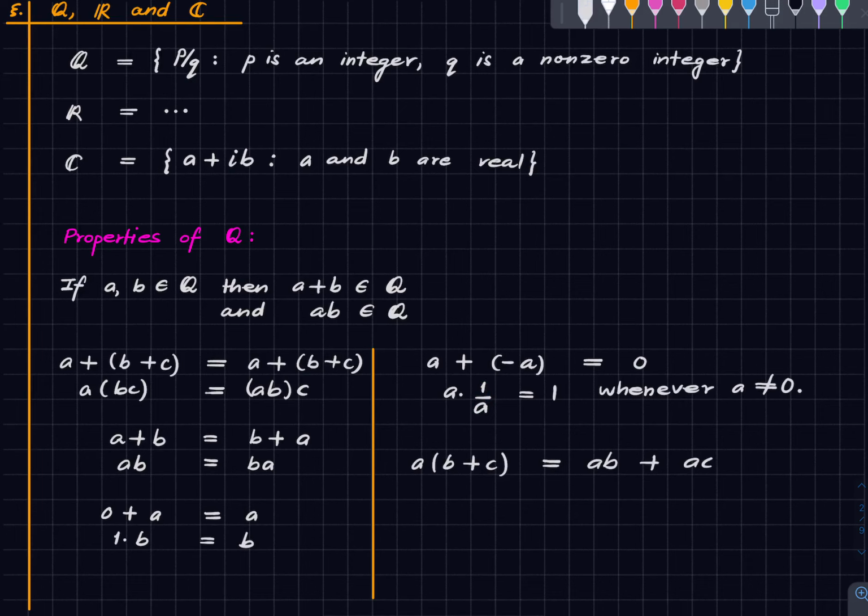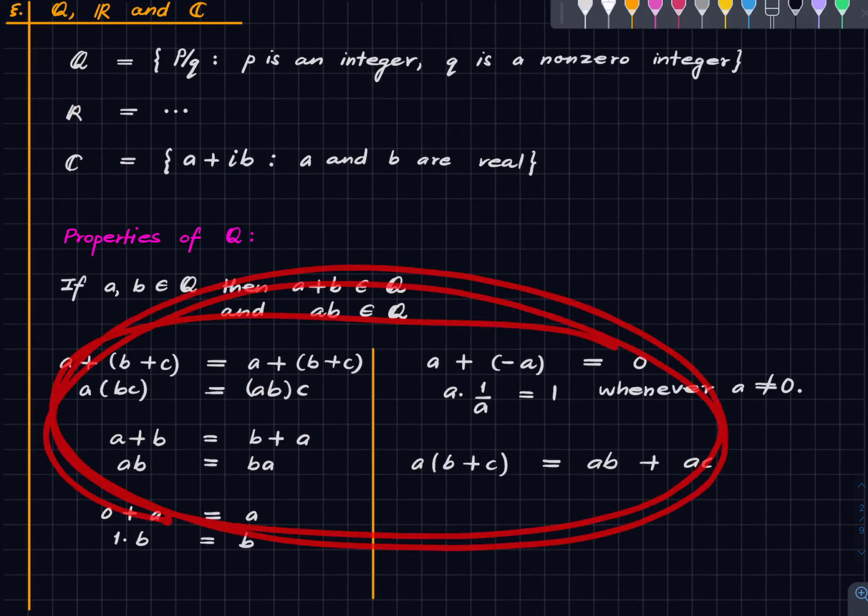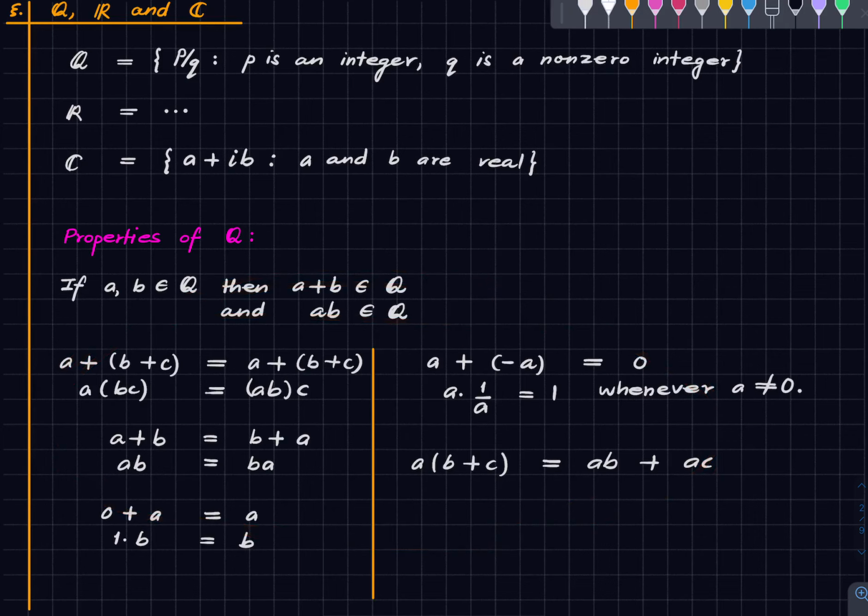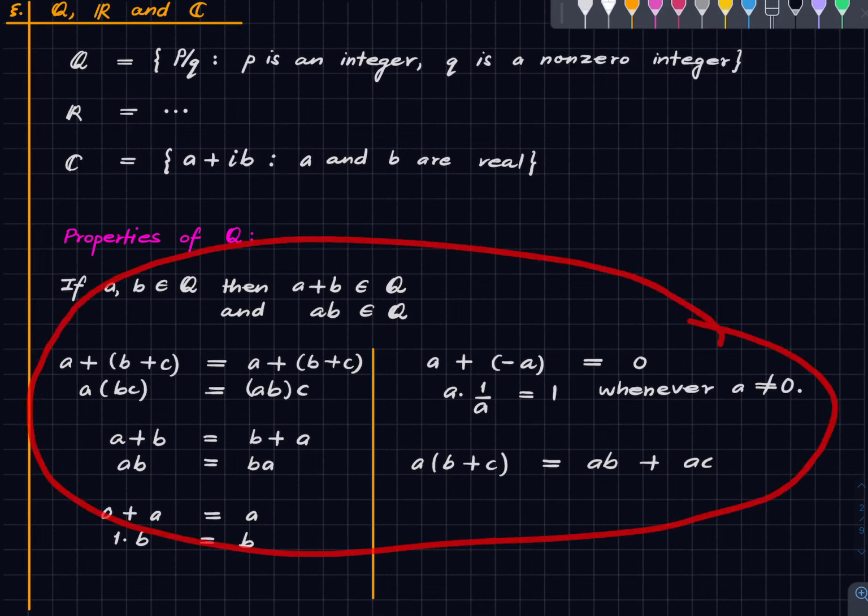These are some properties of rational numbers that we are familiar with from high school, and the definition of an abstract field that we will come to is basically abstracting out these properties. That's all a field is doing. All of this can be written for real numbers and all of this can be written for complex numbers. So a field is basically a single abstract object which is capturing precisely these properties.